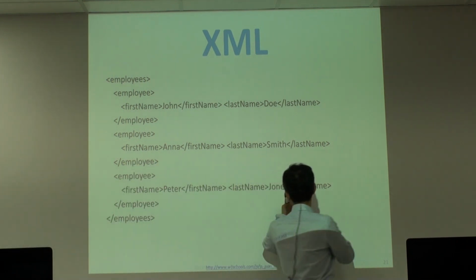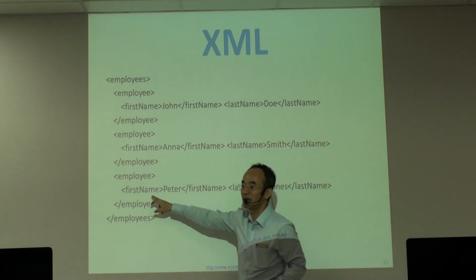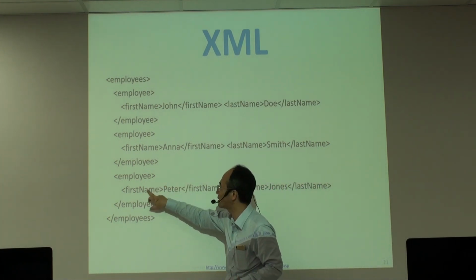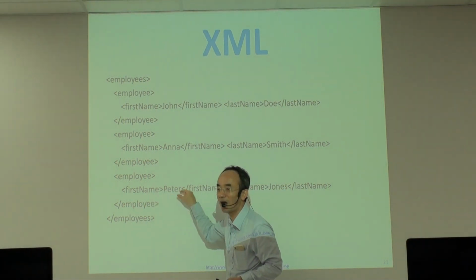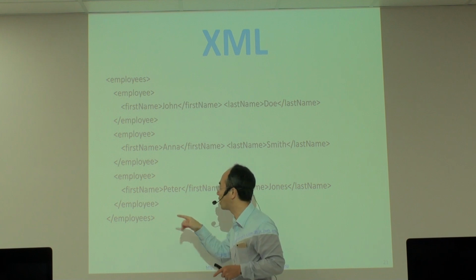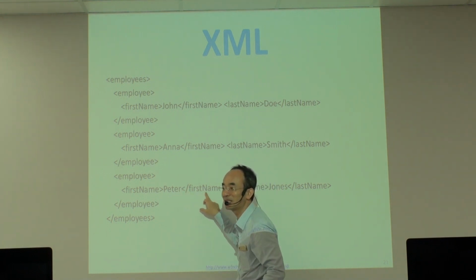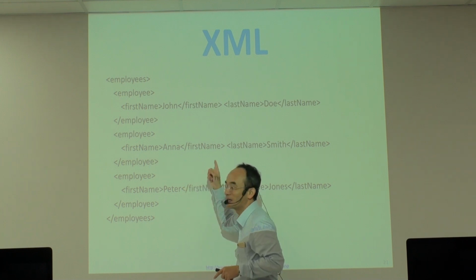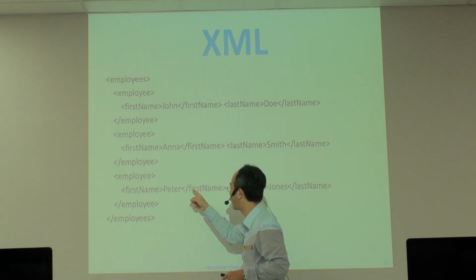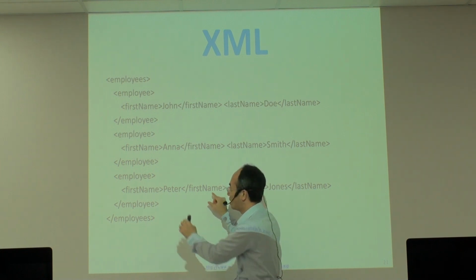For JSON, the first name is just the first name column key and value. That's it. However, for an XML file, you need an ending tag. Closing tag is slash first name. That is redundant, right? You need a pair.